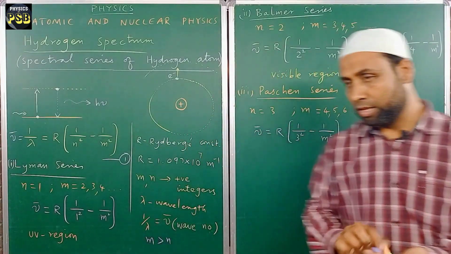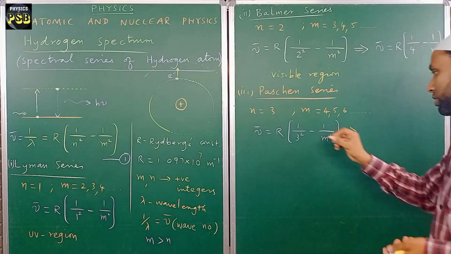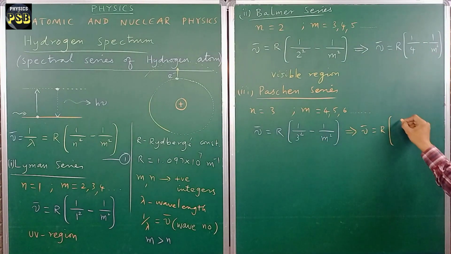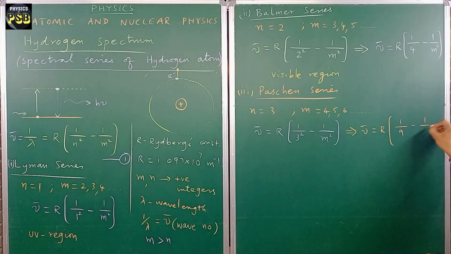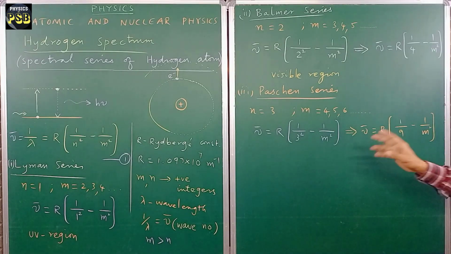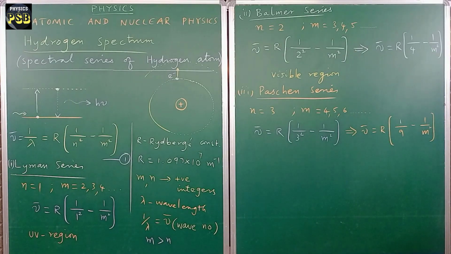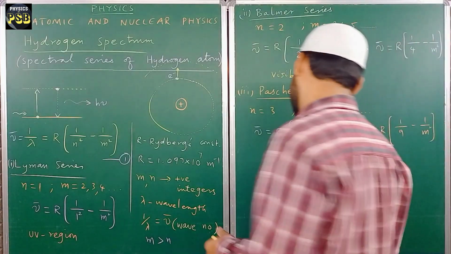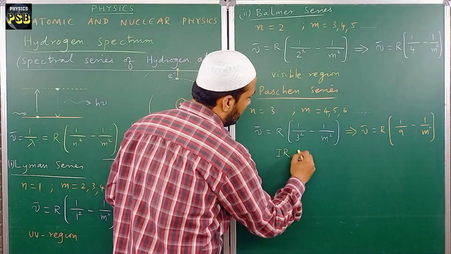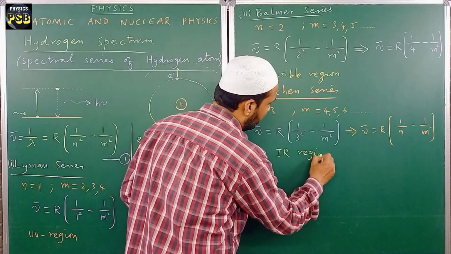Now let's simplify this, it becomes 1 upon 9 minus 1 upon m square. This is the expression for wave number. And here, Paschen series falls under the IR region, or infrared region.